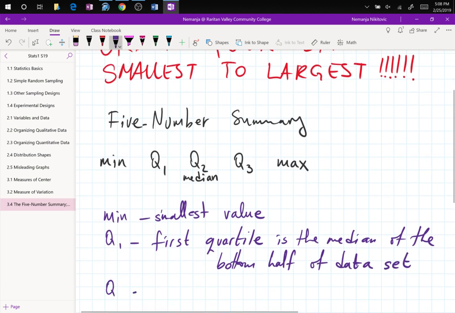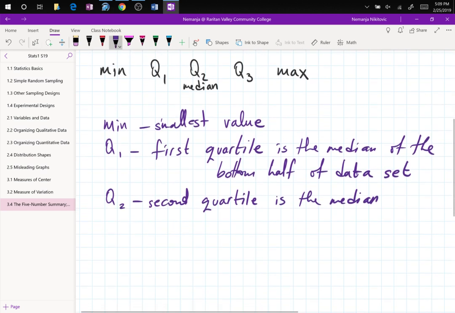Q2, the second quartile, is the median. That's Q2.